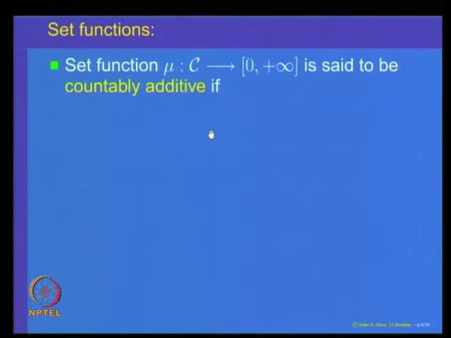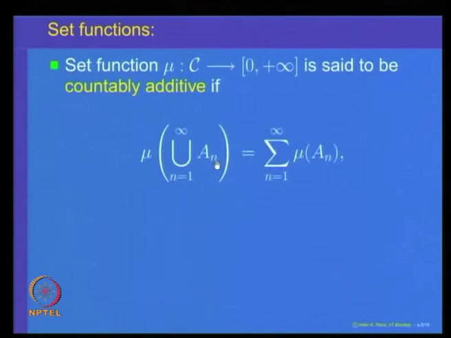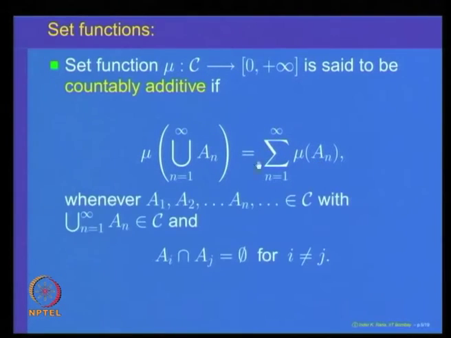We can extend a generalization of this definition. We will say mu is countably additive. So, from finite we are going to countably additive if mu of the union of A n, n from 1 to infinity, is equal to the summation of mu of A n, whenever A 1, A 2, A n, and so on is a sequence of sets in C such that their union is also an element of C and they are pairwise disjoint.